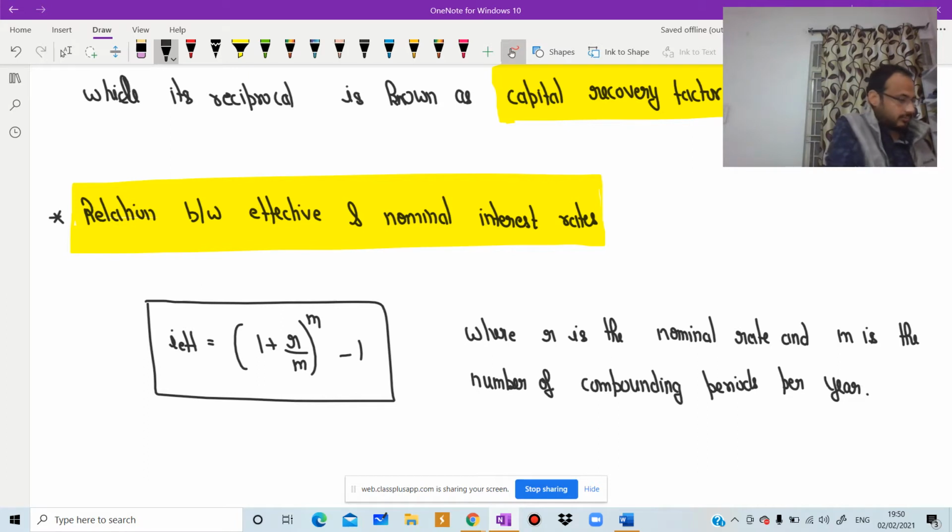Write down next. There are two, three terms, and students have a lot of confusion. Net profit, gross profit.